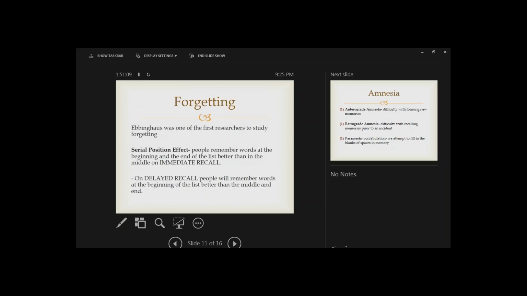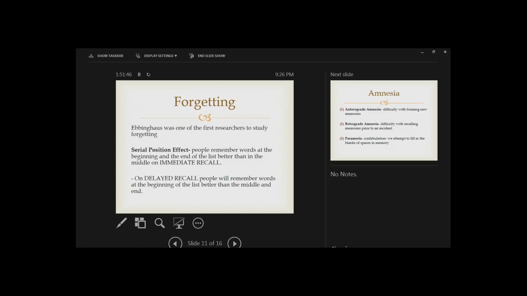Because we're running out of time, we're going to have to do the mini mental status exam next time. But I want to give you a couple of scenarios to run through. If I gave you a list and immediately said, what is on this list?